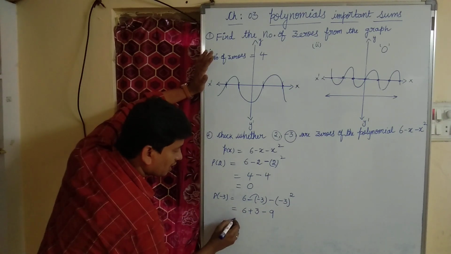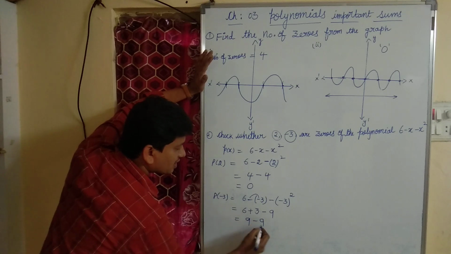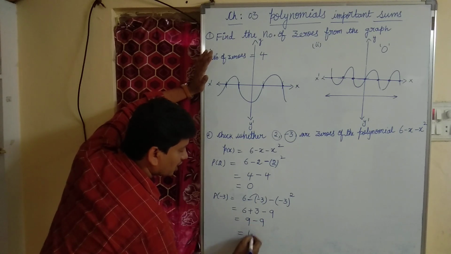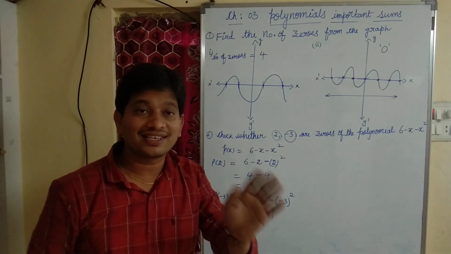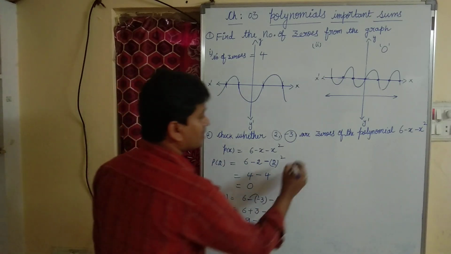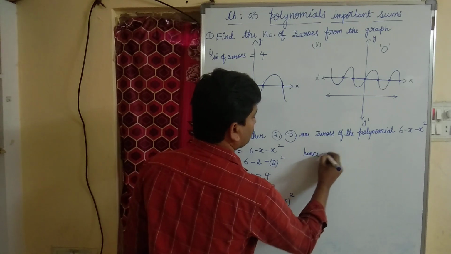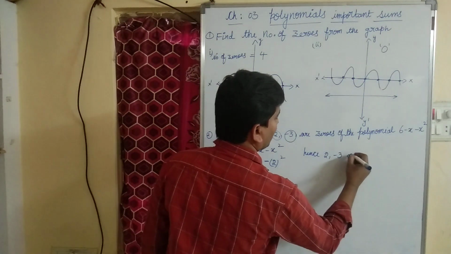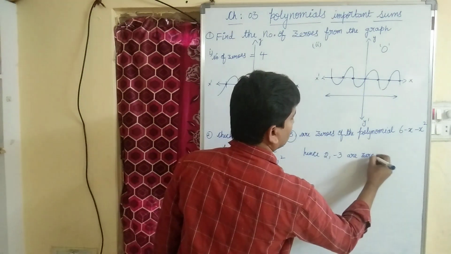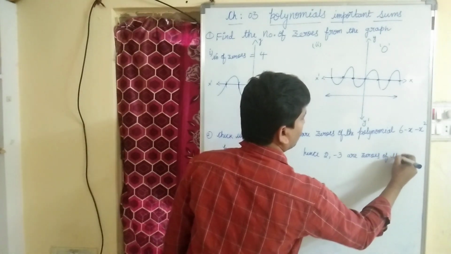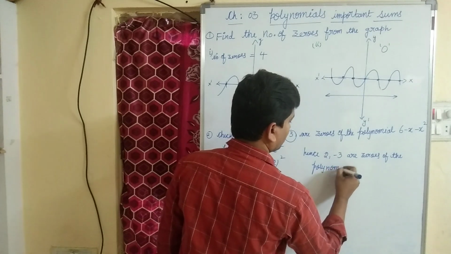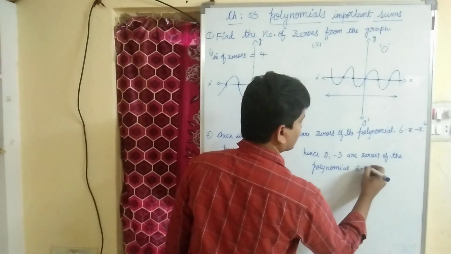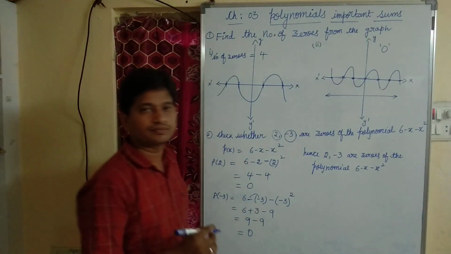So 6 plus 3 is equal to 9, minus 9. So 9 minus 9 is equal to 0. As in both the cases we got the result 0, therefore 2 comma minus 3 are zeros of the polynomial 6 minus x minus x square.